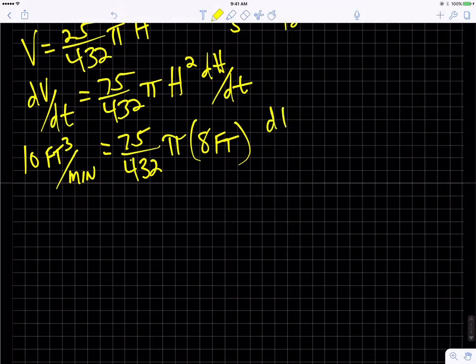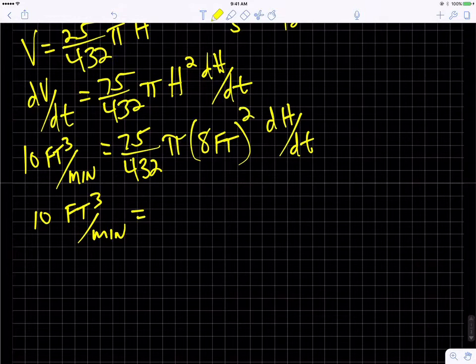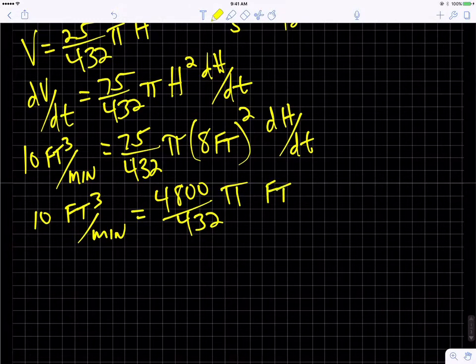And then they want to find dH/dt, the rate of change of the height. And this was squared, by the way. So 8 feet squared is 64 square feet times the 75. So it's 4,800 over 432 pi feet squared times dH/dt.